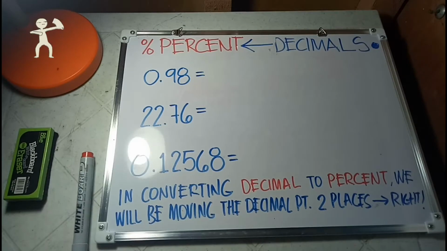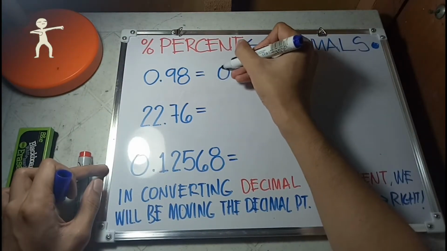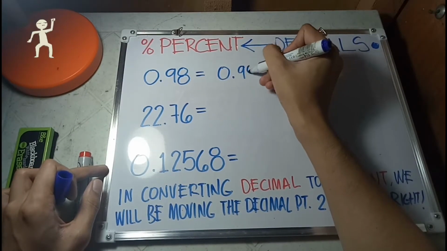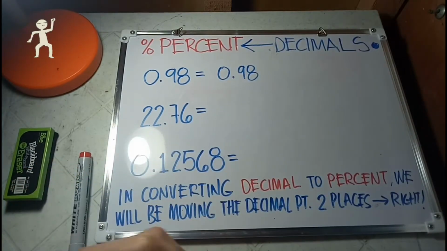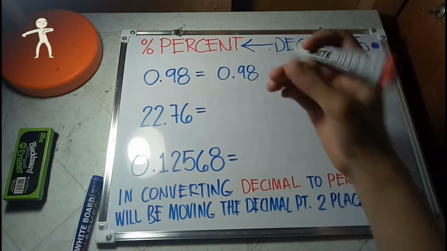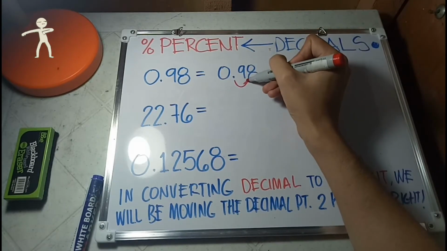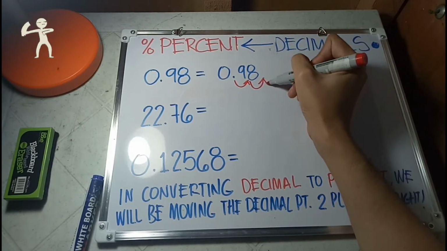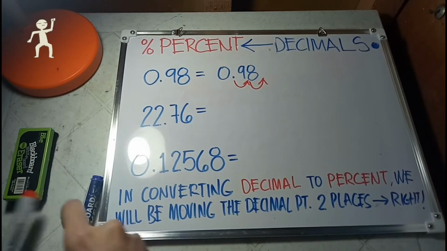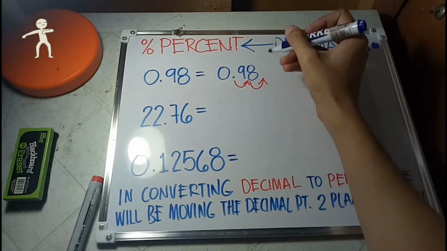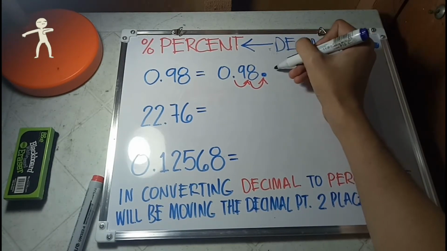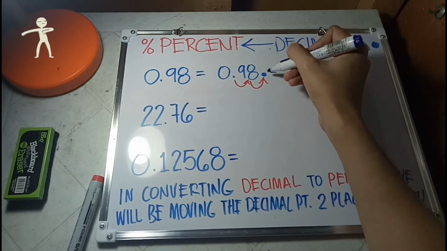So I will just rewrite these digits. 0.98. Then we will move the decimal point 2 places to the right. So, 1, 2. So nandito na yung place ng decimal point.